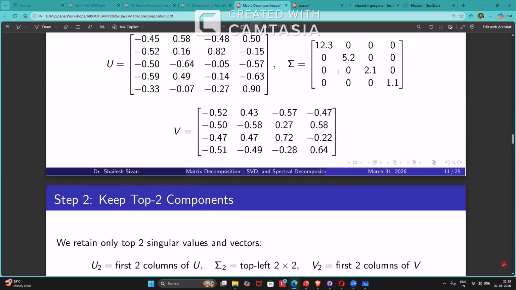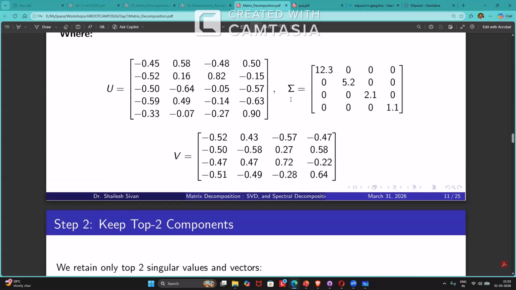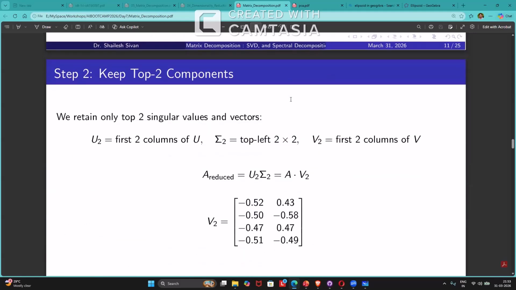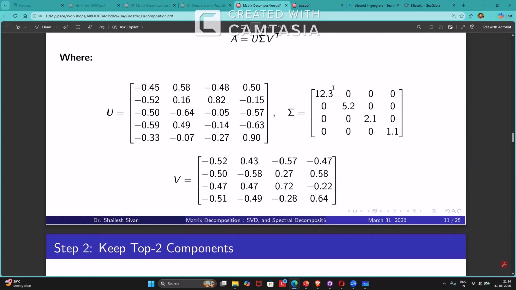Now after getting the U, V and sigma, suppose you need to transform it into 2 features, right? So what are the top 2 eigenvalues? 12.3 and 5.2, right? So this 12.3 and 5.2 need to be considered.